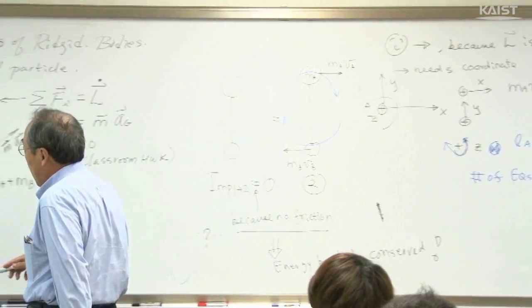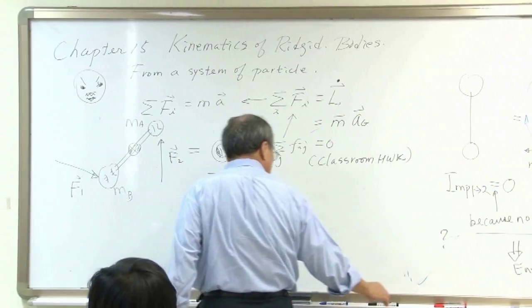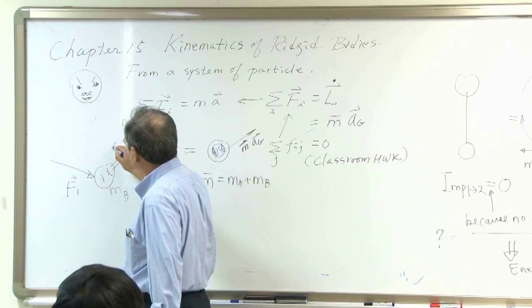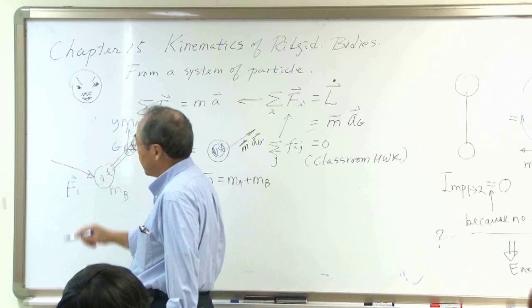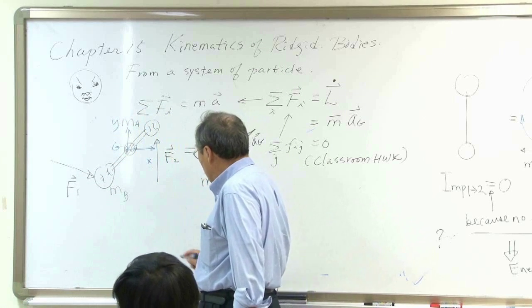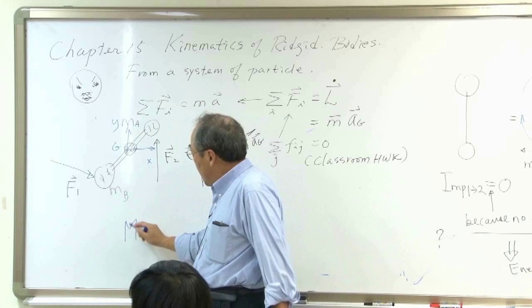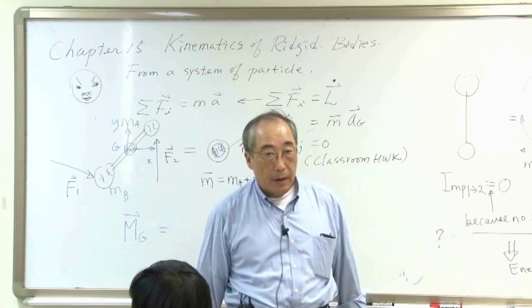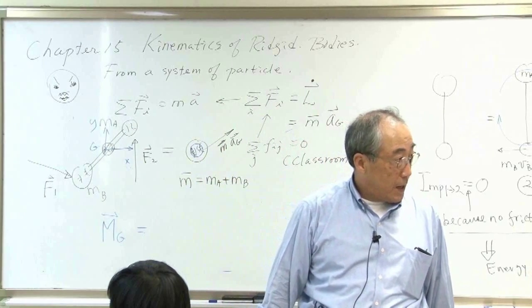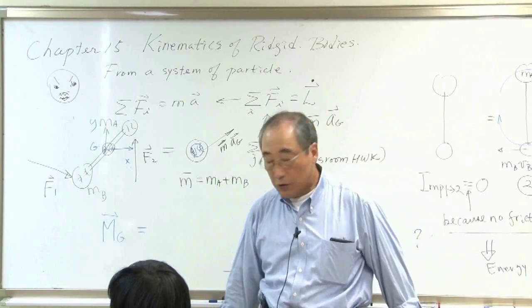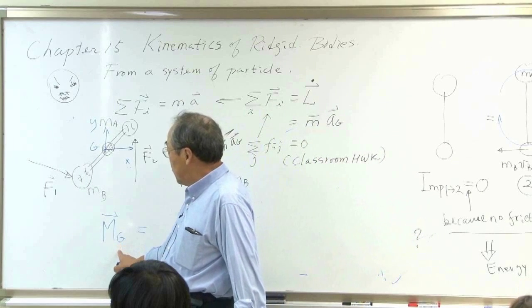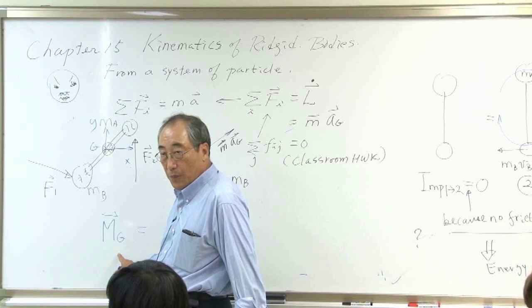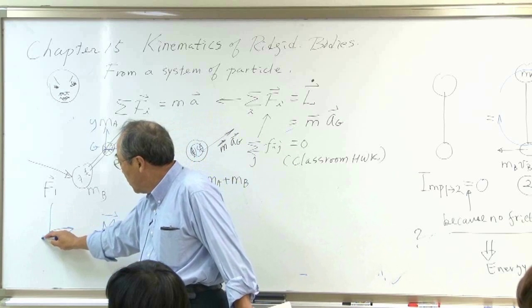Okay, what if I take a moment with respect to, for example, this coordinate? That is the moment with respect to g. Right? If I use notation O, that is the moment with respect to the point O. Maybe I can use the coordinate over here.